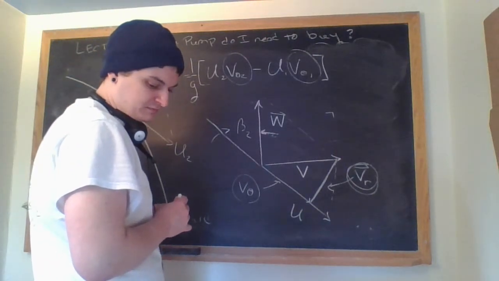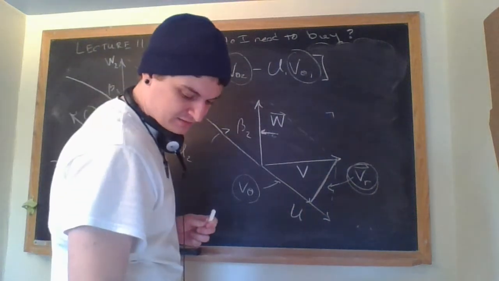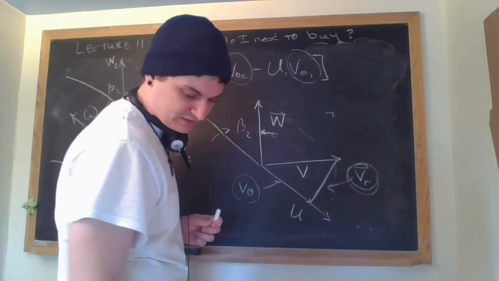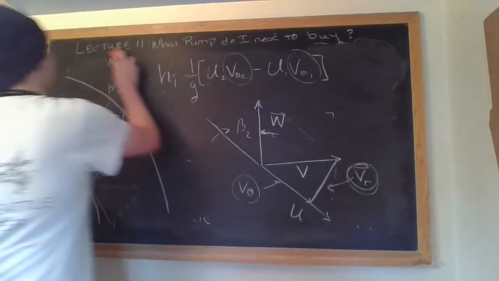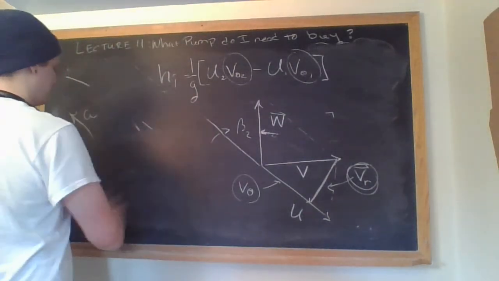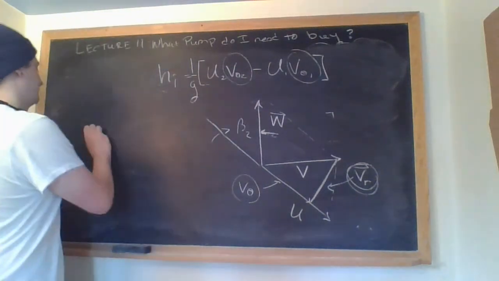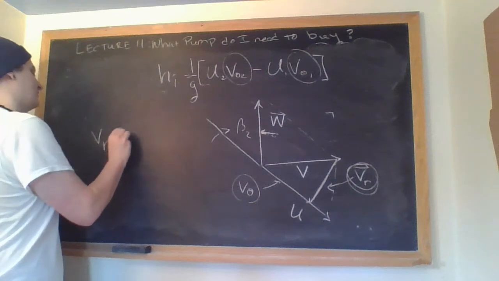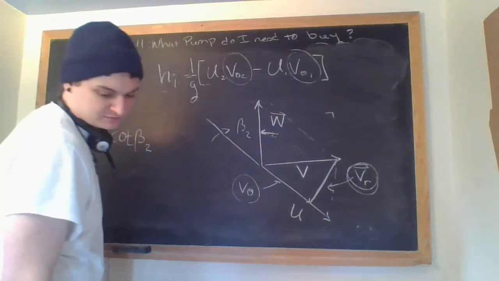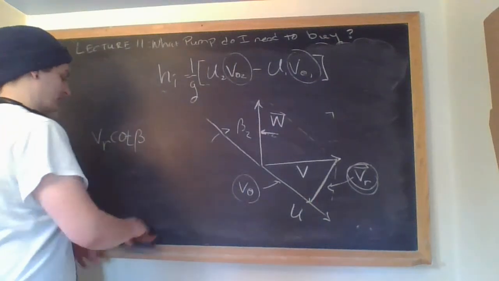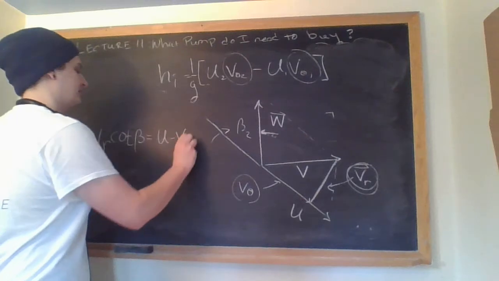So here we have a cotangent. So make sure I can see. Yep. So what comes out of that diagram is this geometric relationship that V_r cotangent beta 2, or any beta of this parallelogram, is equal to u minus V theta.